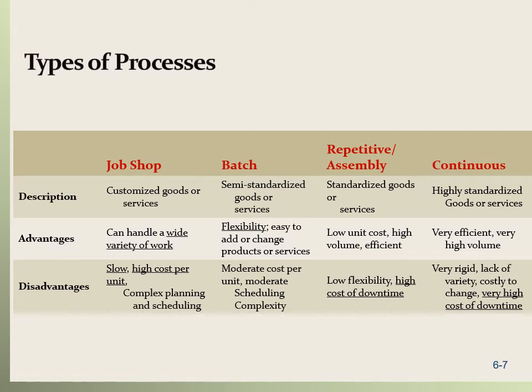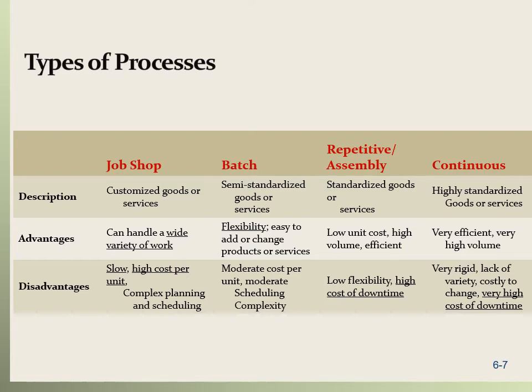Repetitive or assembly process type is for standardized goods or services. So it's capable of providing less variety than batch and job shop. But on the other hand, the cost of producing per unit is very low. It's lower than batch and job shop.